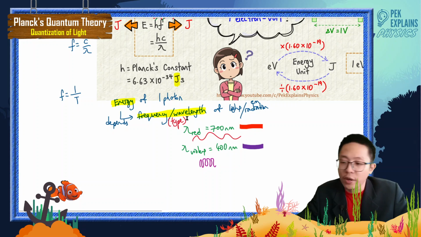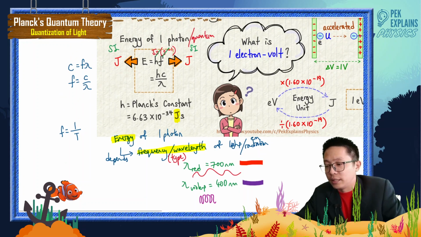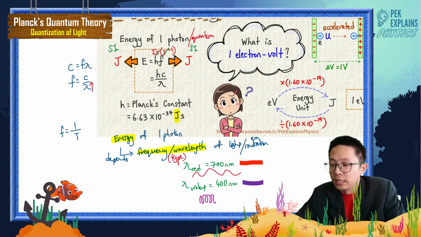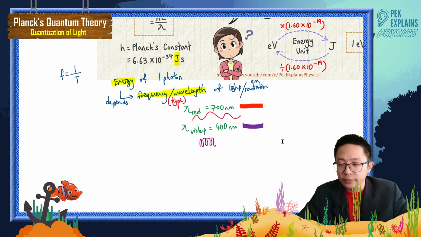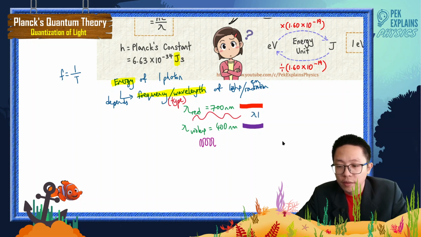Frequency and wavelength are related. We know that the longer the wavelength, the lower the frequency, isn't it? This one has a long wavelength but very low frequency. This one has a short wavelength but very high frequency.